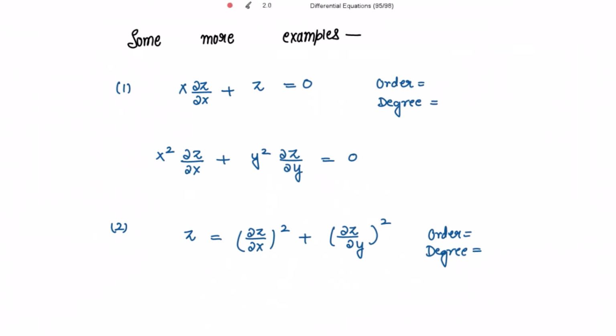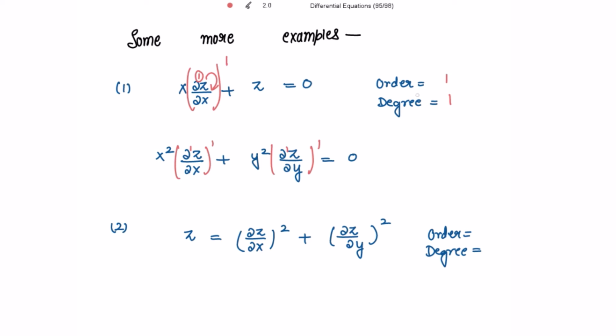Next, some more examples. For this equation, z is partially derived with respect to x 1 time. So the order is 1 and the exponent for this is 1. So the degree is also 1. For the second equation, the order is 1 and the exponent is also 1.